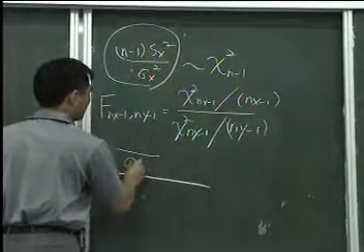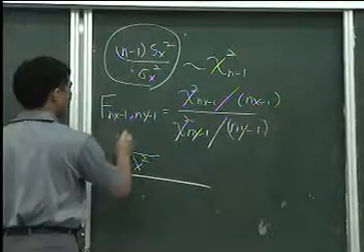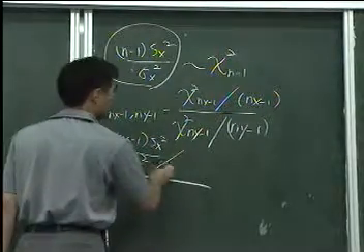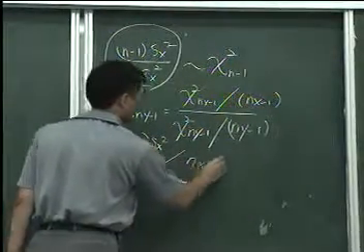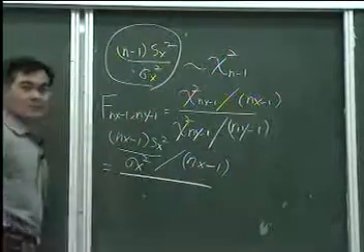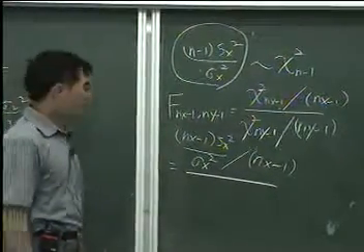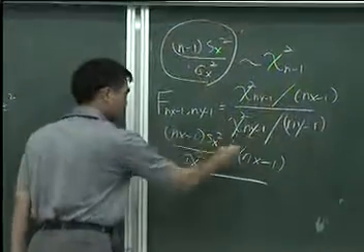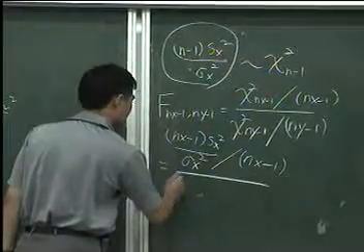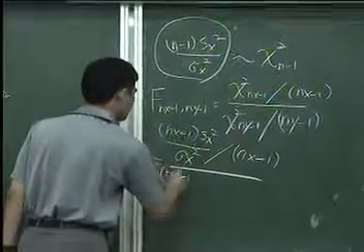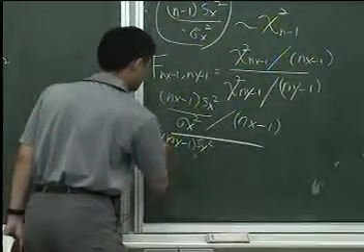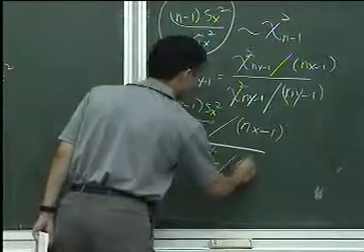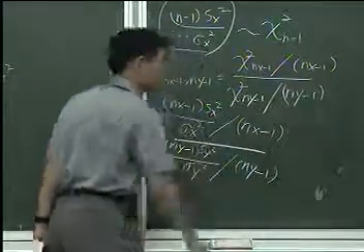So sigma x squared and nx minus 1 sx squared divided by nx minus 1, right? Any questions? And then from here the denominator is ny minus 1 sy squared divided by sigma y squared and divided by ny minus 1.